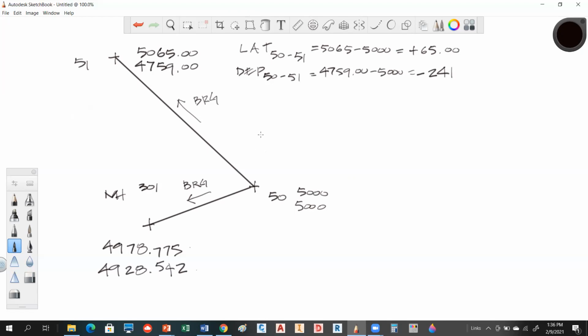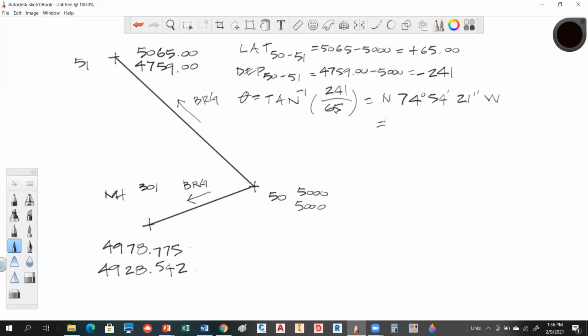So knowing departures and latitudes, get that bearing, arctangent. Departure is 241. Latitude is 65. Okay. Swing those over. Let's see, 241 arctangent. Looks like 74 degrees, 54.21, northwest, right? Yeah.